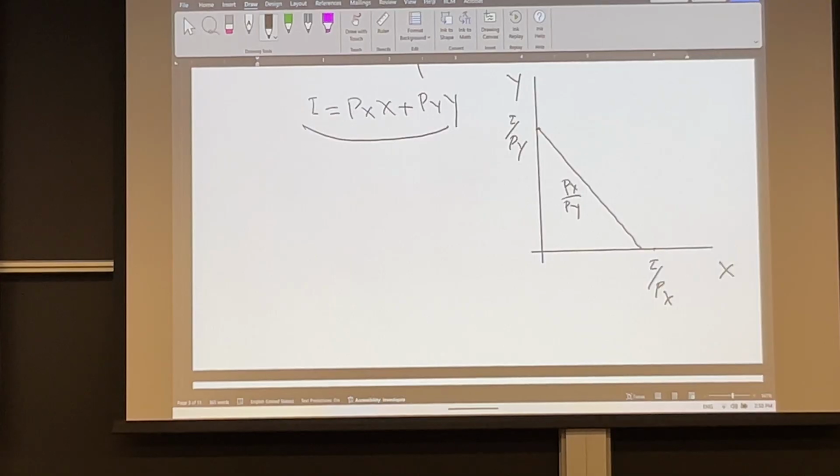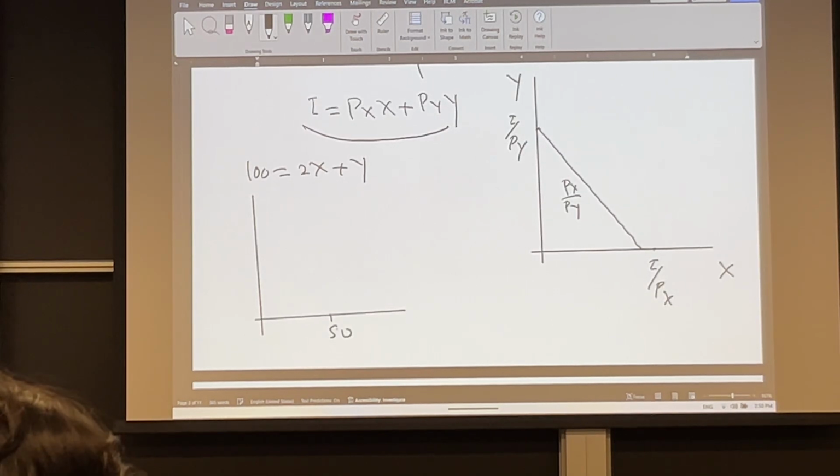Say you have $100. The price of X is 2, the price of Y is 1. Right? You want to graph the budget line? That's what you do. This is 50. That is 100. You connect them.